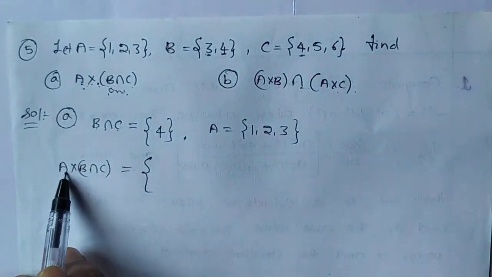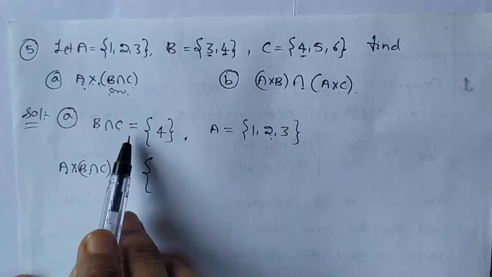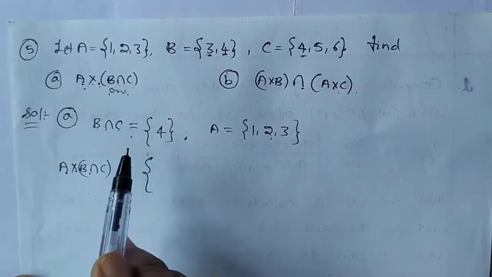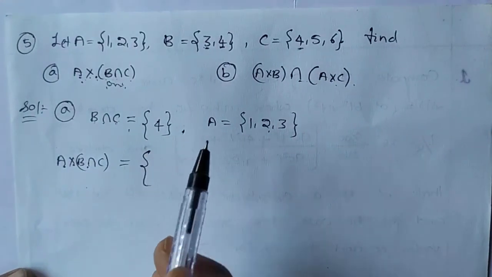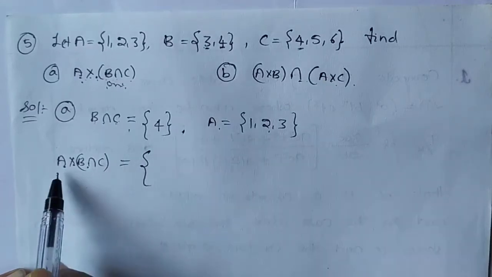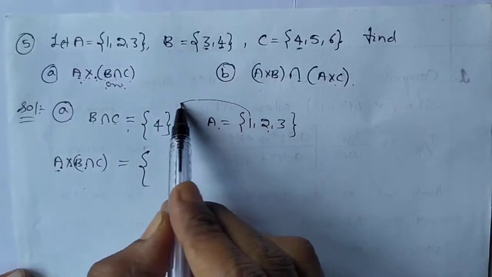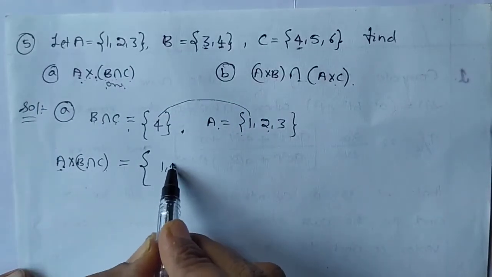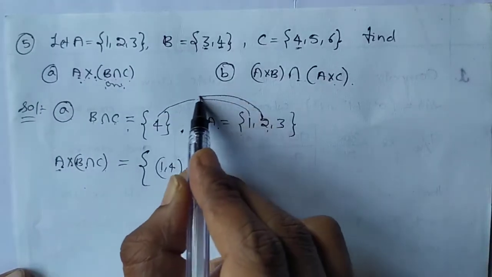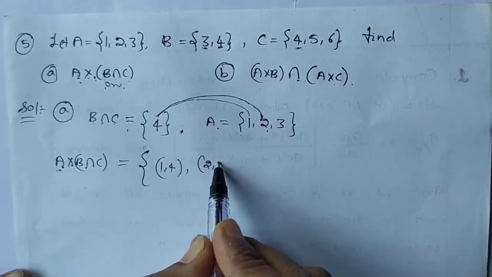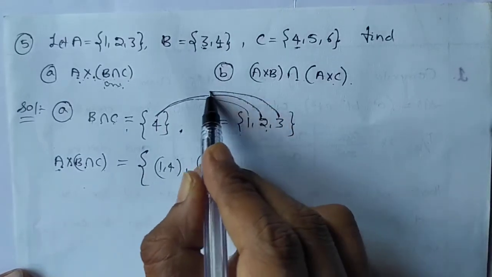Kindly do not get confused. We have to find A cross (B intersection C). 1, 4. Next, 2, 4. Next, 3, 4.